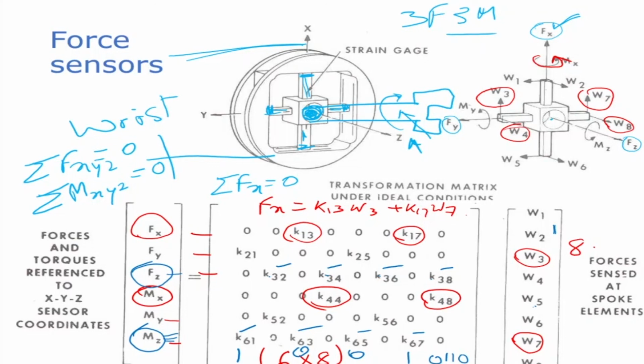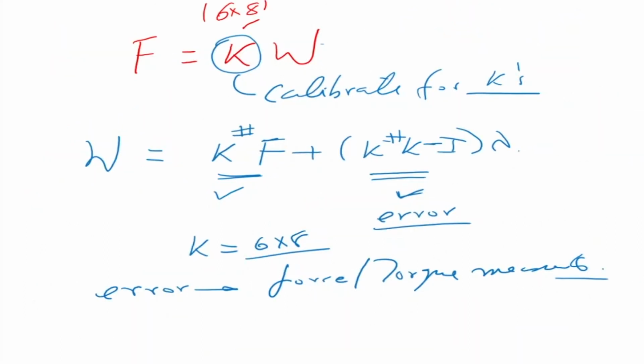This is something very important to note in force sensors, that there is error associated. And why is this error associated? Because while calibrating, they need to invert this K matrix, and because K is non-square, there is a problem and there is an error here, because we are using the pseudo inverse of K.